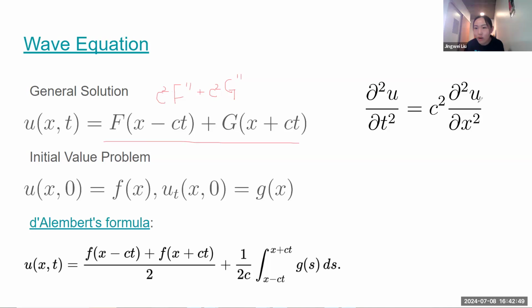And on the right-hand side, when you compute the derivative of x, it will only be f plus g, okay? There are no coefficients. Therefore, you can easily compare those two expressions. You can see this is correct, right? When you multiply this c square here, you get exactly the same expression for those two expressions.